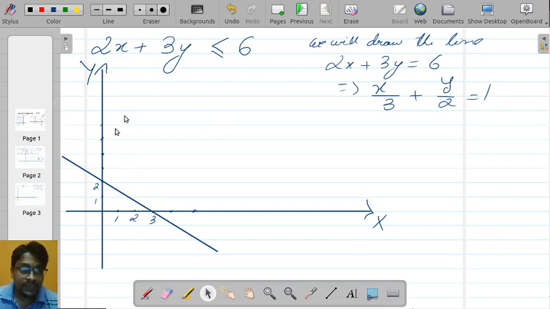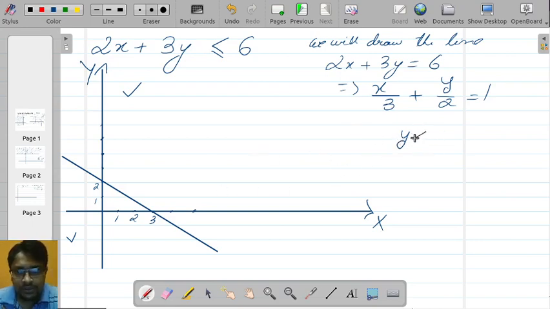But I need to denote the region which satisfies this particular inequation. This line divides the plane into two different parts. One is this part, another is this part. So which part satisfies this inequation? How will I find it out? One way is to express y in terms of x.